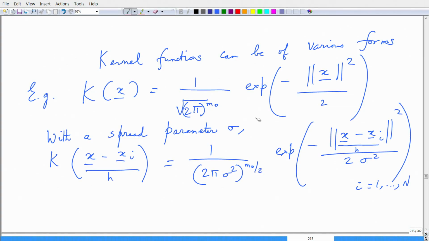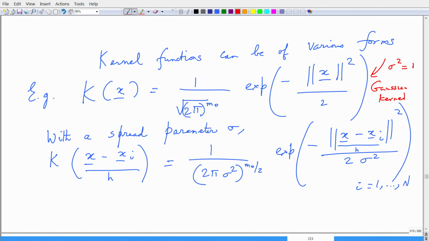K of x is given by this quantity, 1 upon root of 2 pi power m naught, exponential of this term, and this is our Gaussian kernel with sigma square equal to 1.